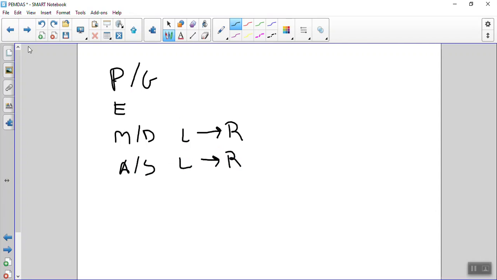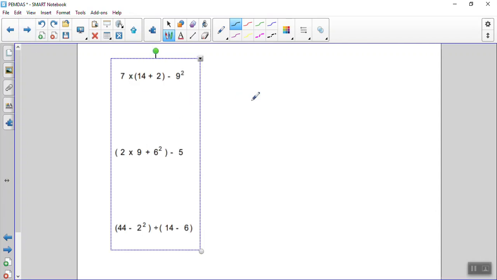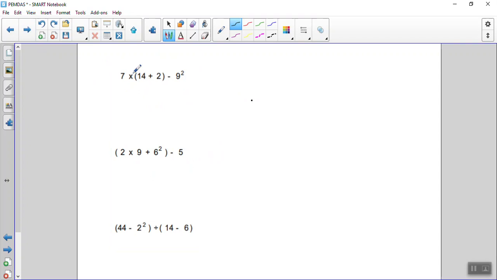I have a couple examples that we'll do. This one. So again, the parentheses and grouping is first. So we have this parentheses here that we need to do first. So we're going to have 7 times 14 plus 2 is 16 minus 9 squared.